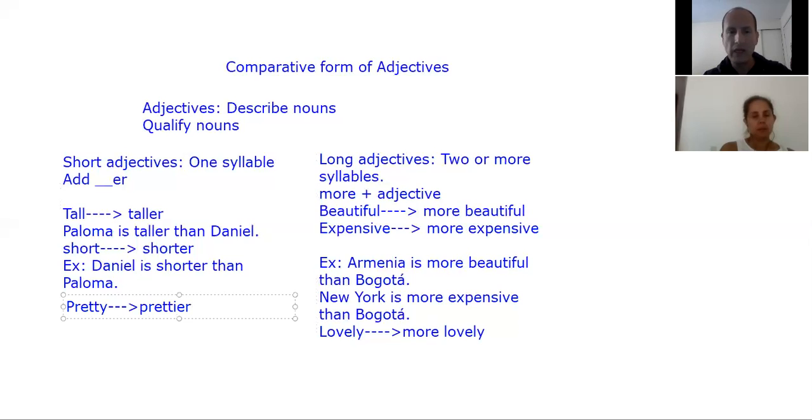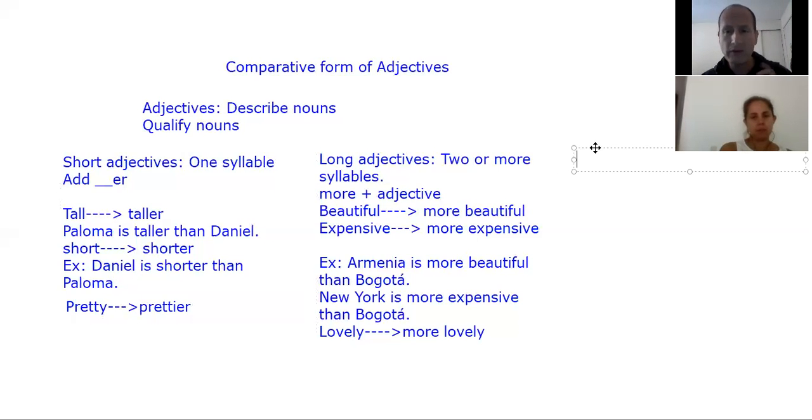Let's say Armenia is prettier than Bogota. In that case, you can express it like that. So this is one option. We will see some exceptions forward. Vamos a ver algunas excepciones más adelante.